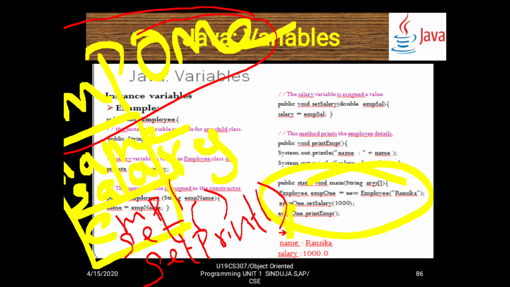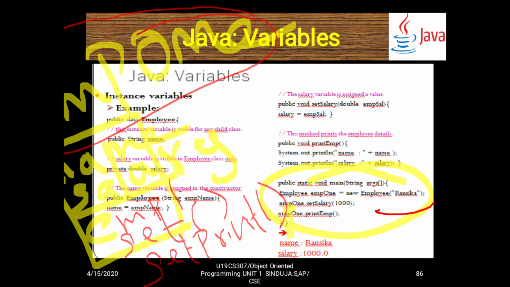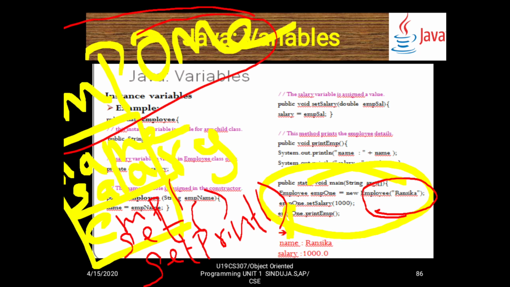But still I have not assigned any value. So how should I assign? By calling these functions alone I could do this. So let me start with this line: emp1 equal to new Employee("Ranshika"). This is the calling statement. You know that the class name is the same as your function name, right?